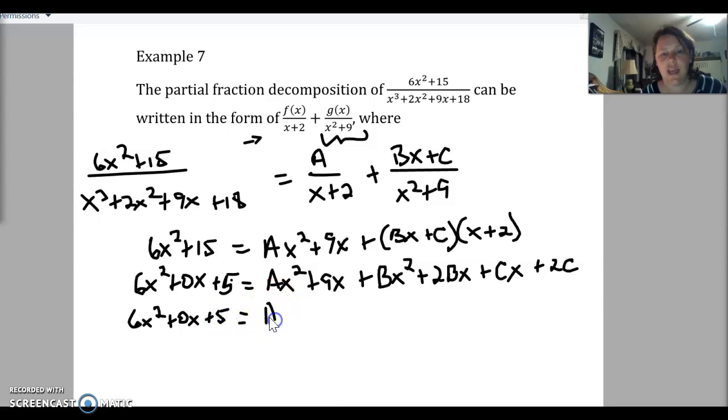So I'm going to have a plus b for my x squared term. For my x term, I'm going to have 9. Is that right? Where did the 9x come from?